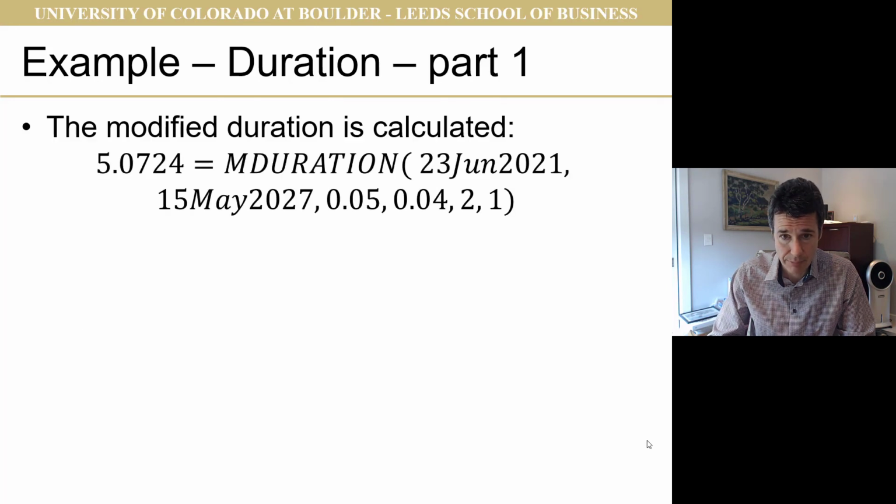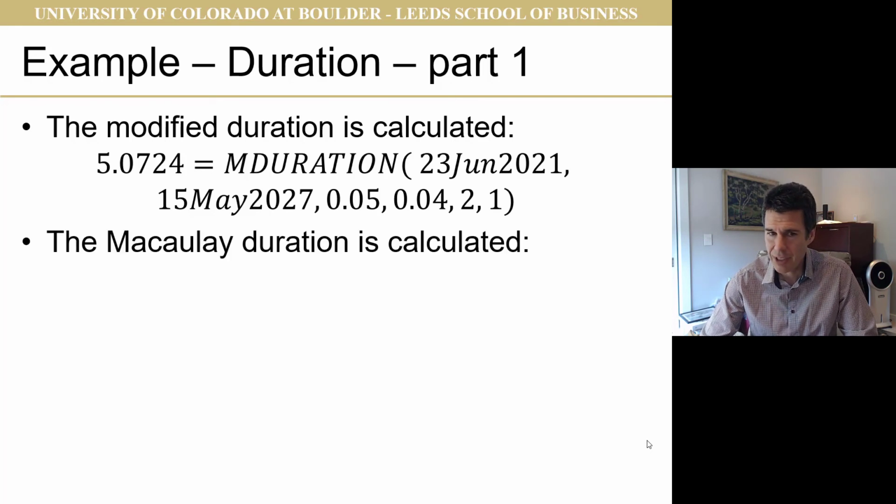So we use Excel, the MDURATION function: settlement date, maturity, coupon, yield, frequency 2 for semi-annual bonds, basis 1 for U.S. Treasuries. We get a modified duration of 5.0724.